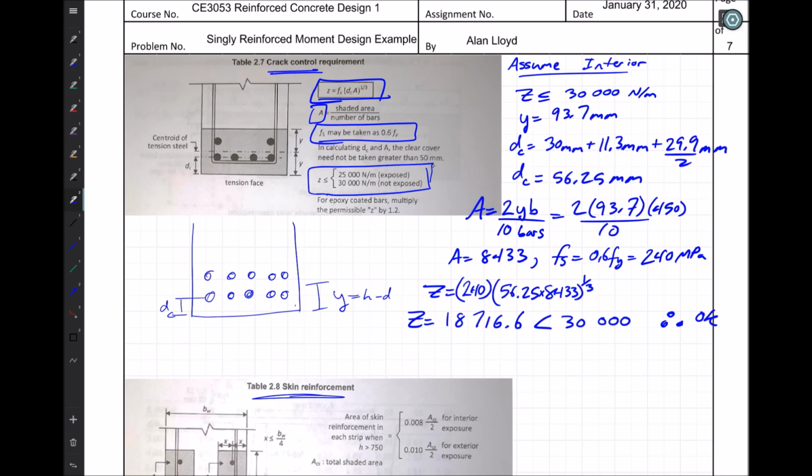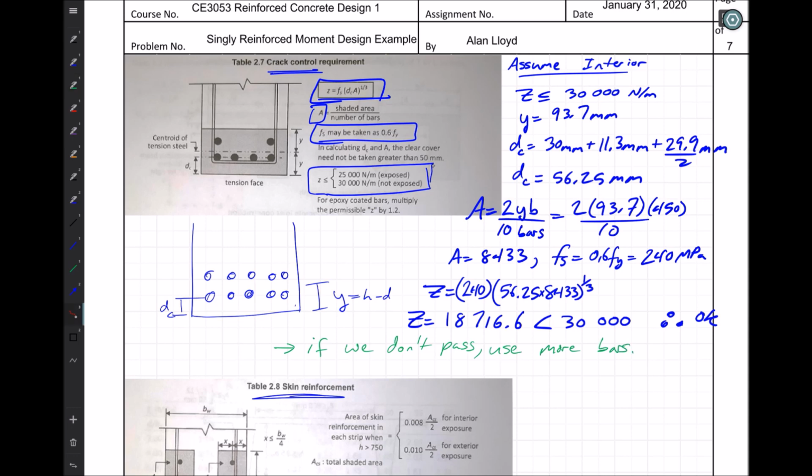Now, there's always the possibility that we're not okay. If we don't pass this, now we have to use more bars.